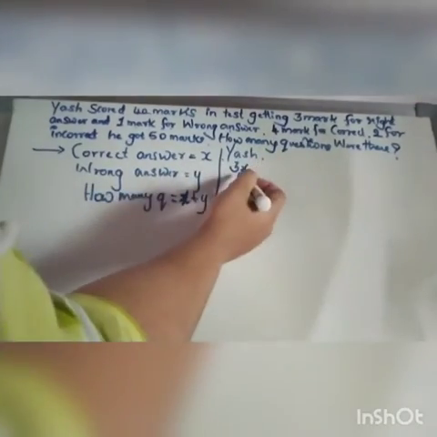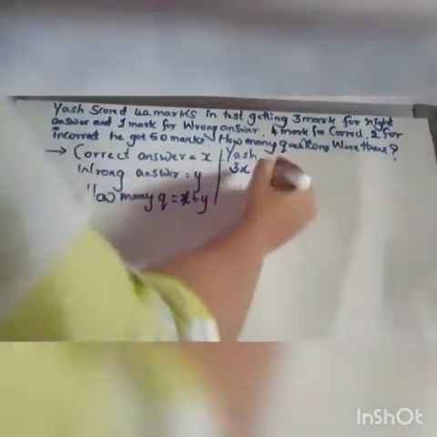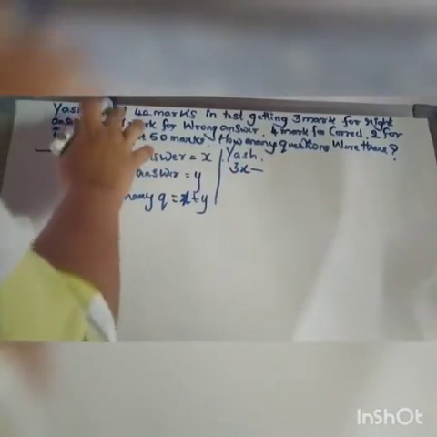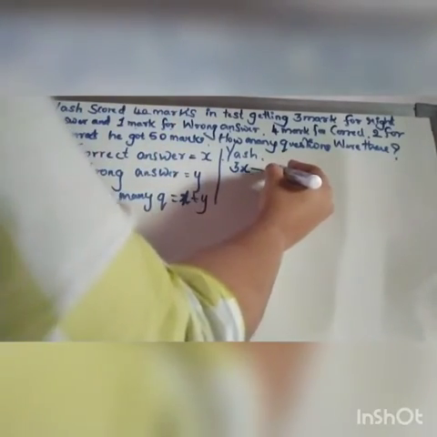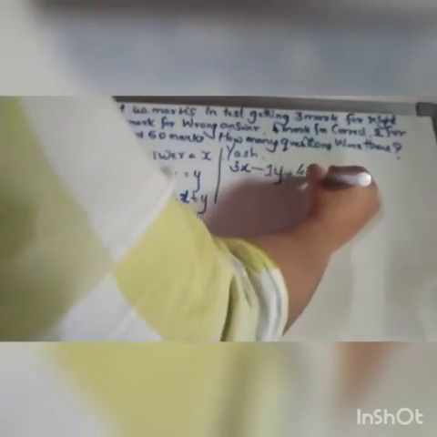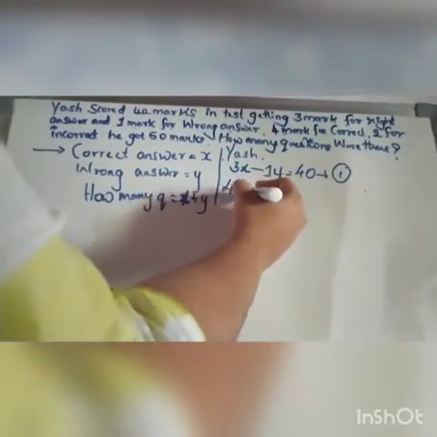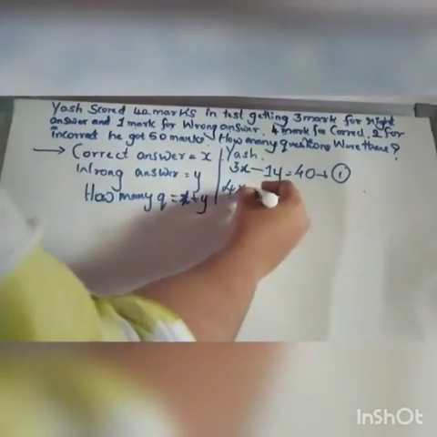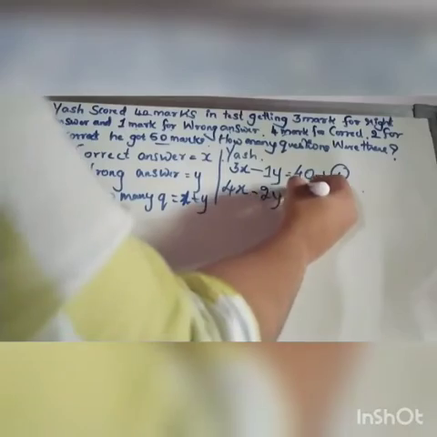Then 3X he got for the correct answers. If I subtract the wrong answers, 1 mark deducted, that is 1 into Y, he has got 40 marks. That is the first equation. Similarly, the other fellow got 4 marks for the correct answer minus 2 marks for the wrong answer, so totally he got 50.